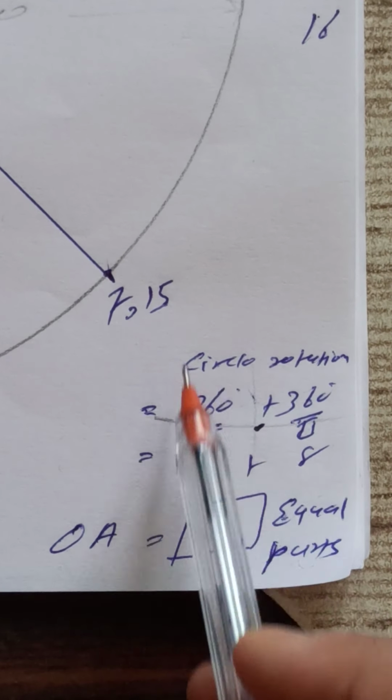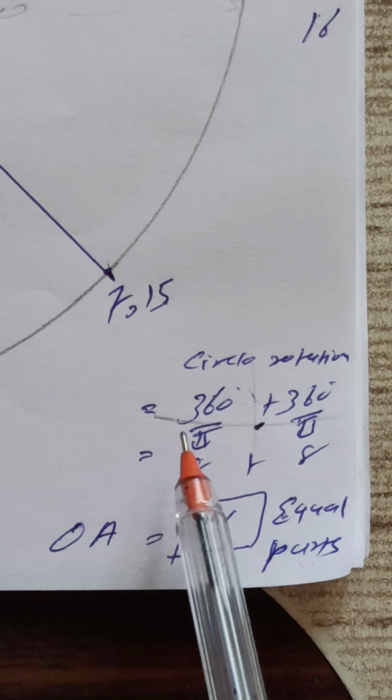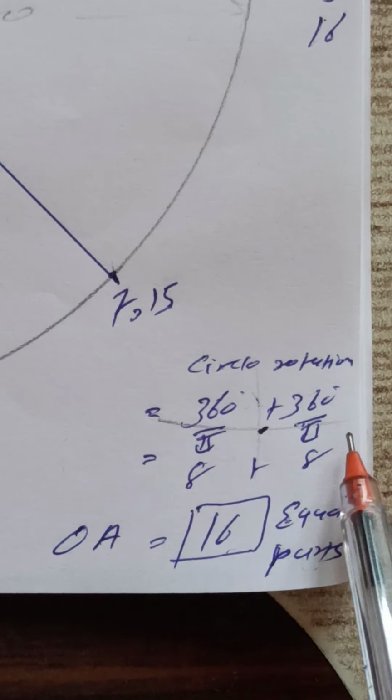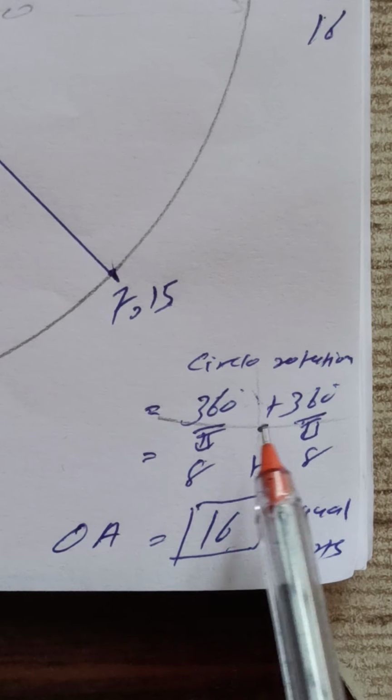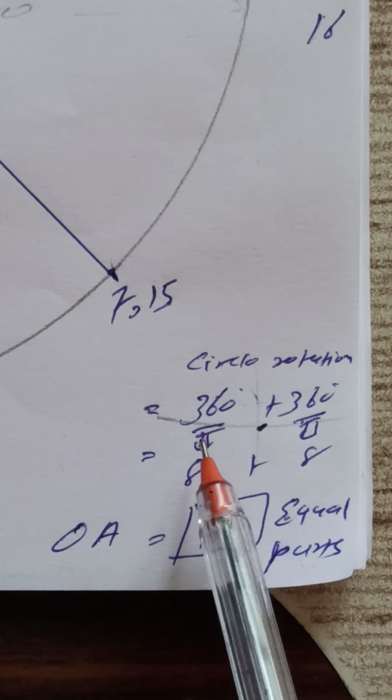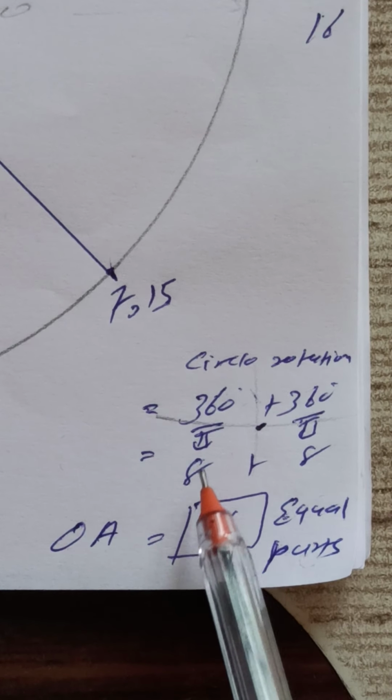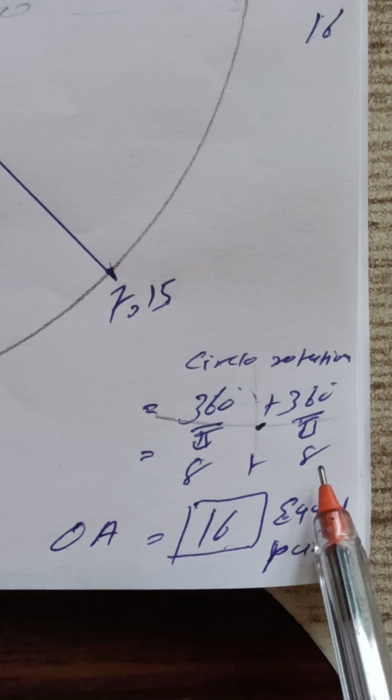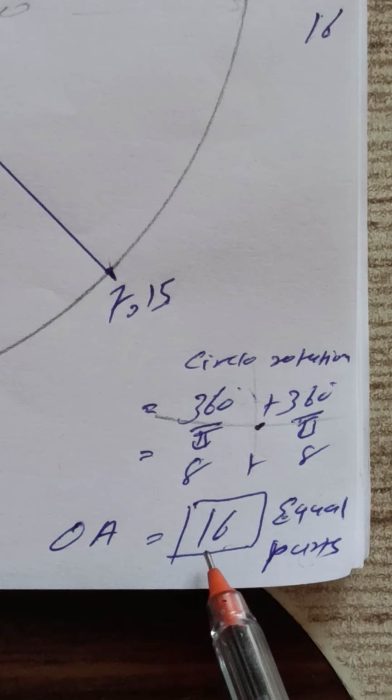Okay, this is the circle rotation. One rotation is 360 and the second rotation is 360. Okay, we draw the curve for 2 rotations. If the 360 of 1 rotation is divided in 8 equal parts, then 8 plus 8 is equal to 16.